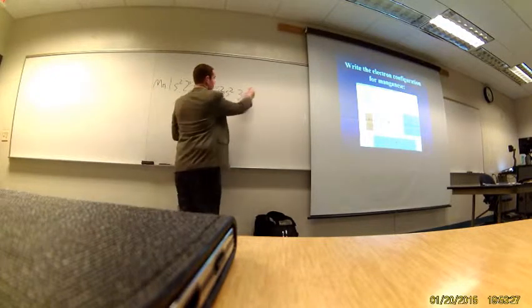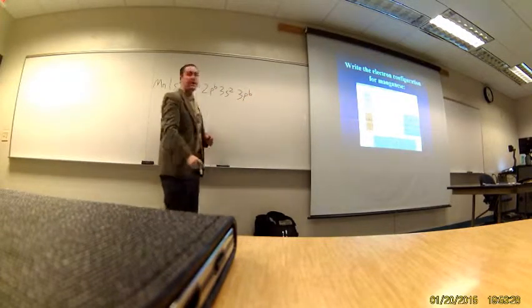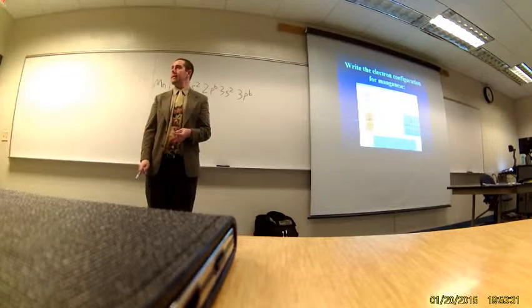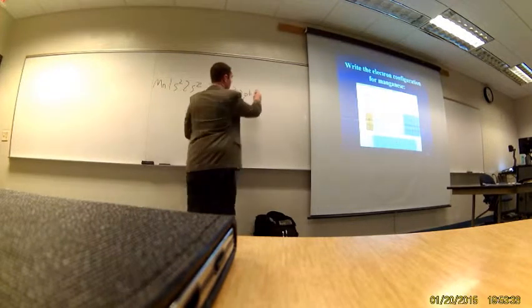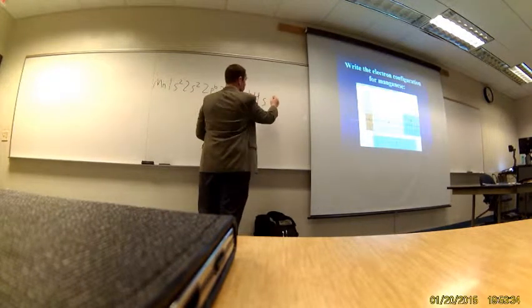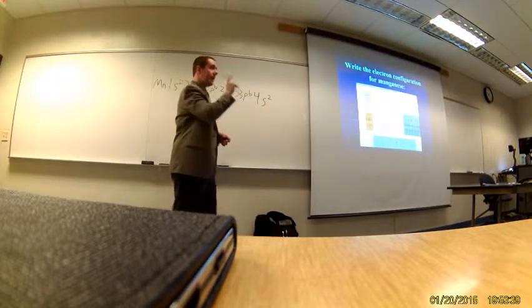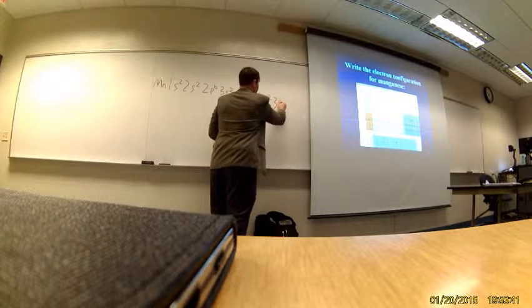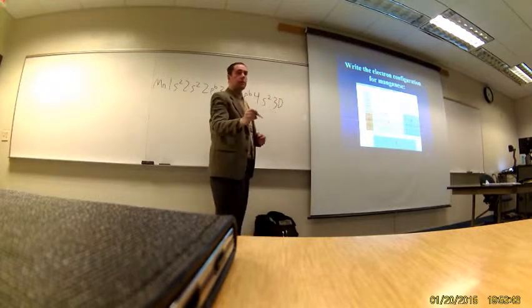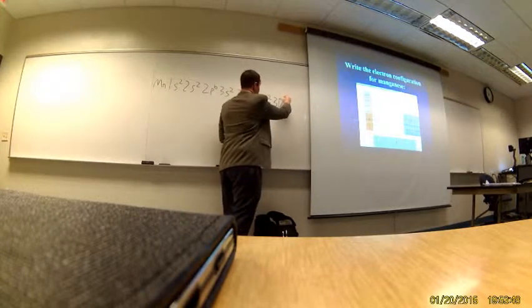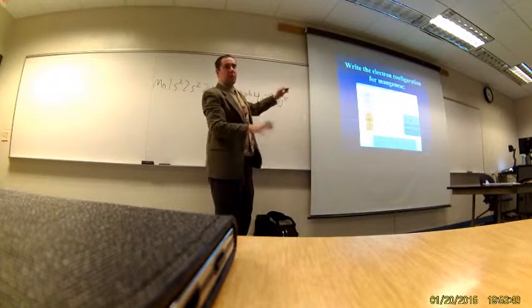Make it a 6. What is next after 3p6? 4s, how many? 2, and then 3d5. I don't care if you do capital or lowercase. It doesn't matter to me.